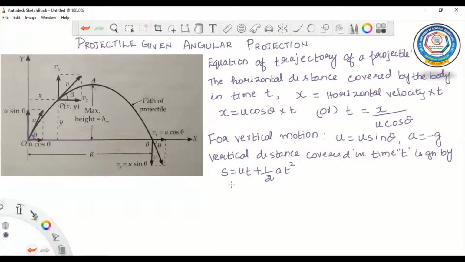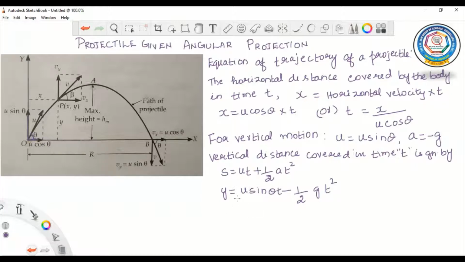Here S is taken as y. We know that for vertical motion u is u sin theta, so y is equal to u sin theta into t minus half g t square.